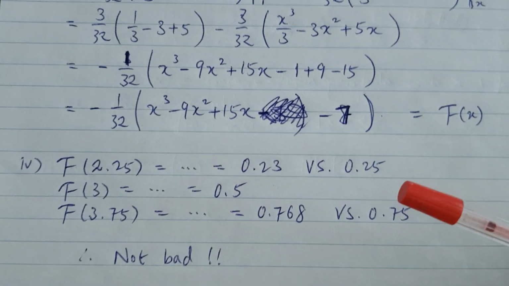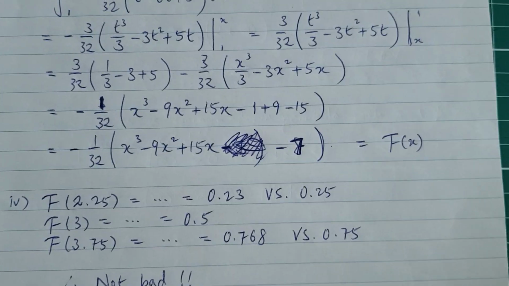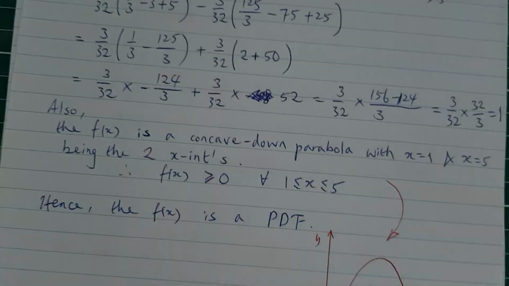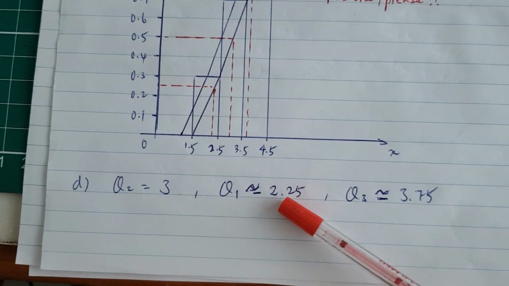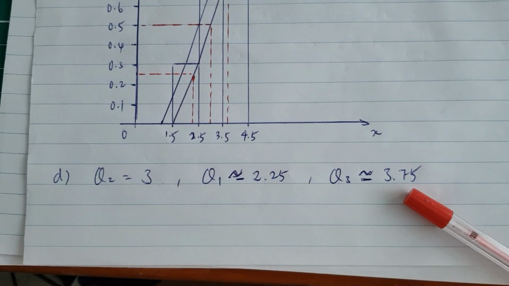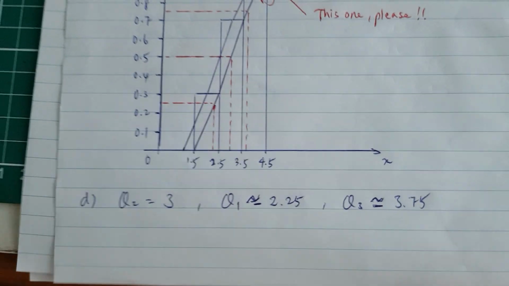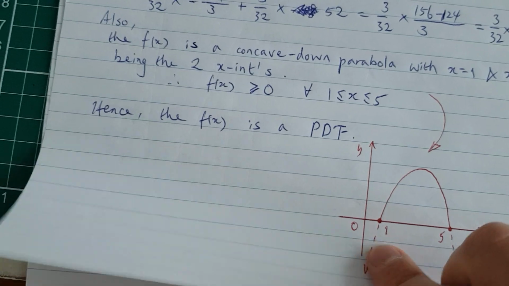And part 4, this is where you now have to compare. Previously, using the actual histogram, we found that the quartiles were: the lower quartile 2.25, median 3, and upper quartile 3.75. Now let's see how effective our model is.